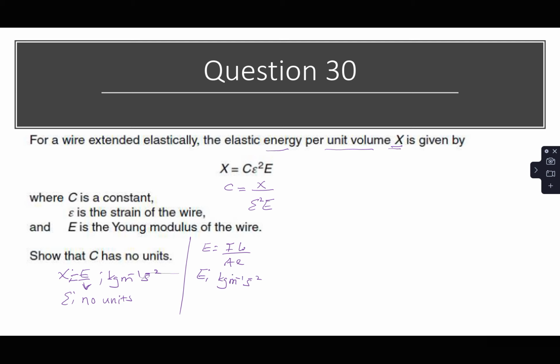So the base units of C will be those of X, kilogram per meter per second squared, divided by those of E, kilogram per meter per second squared, because epsilon has no units. We cancel term by term. Since all the terms have cancelled, we conclude that C has no units. As simple as that.